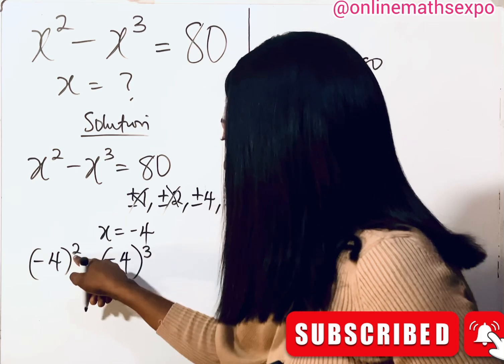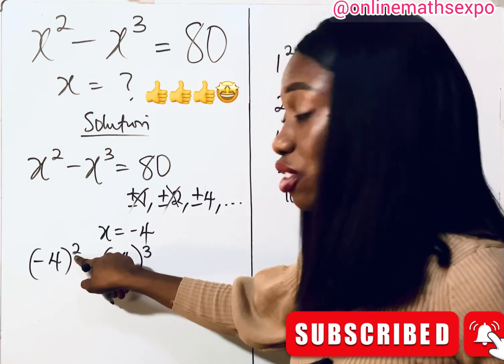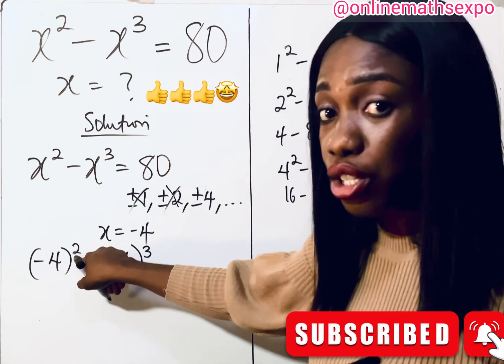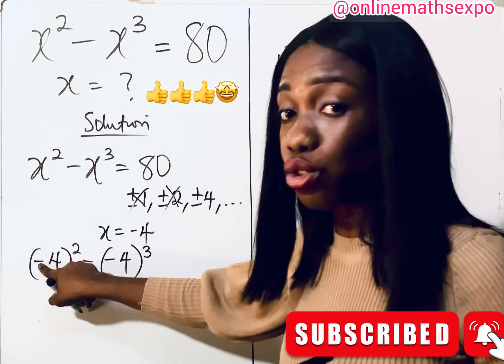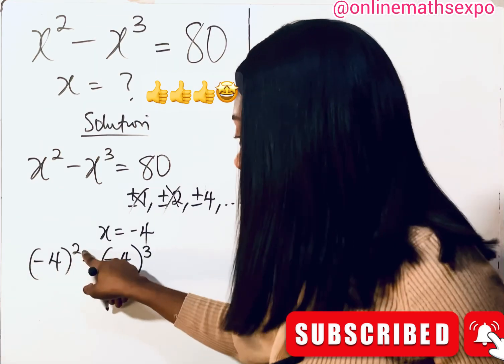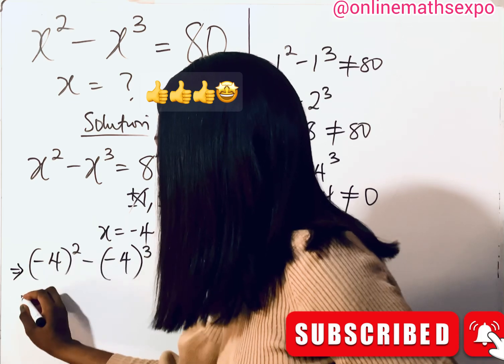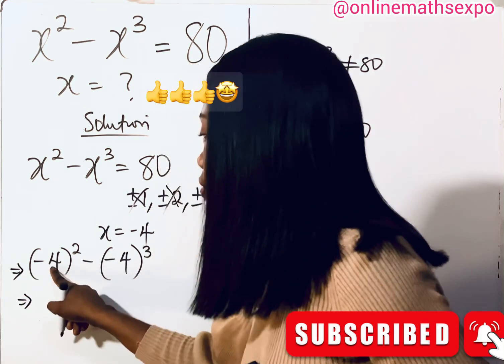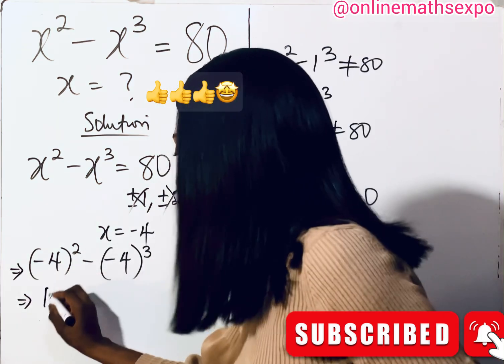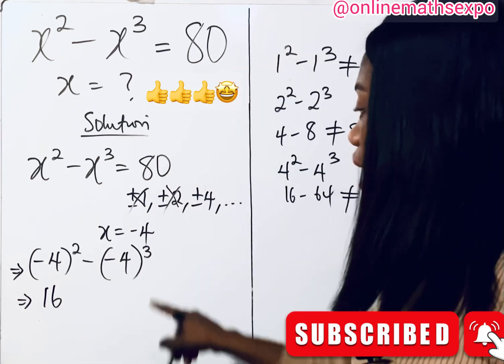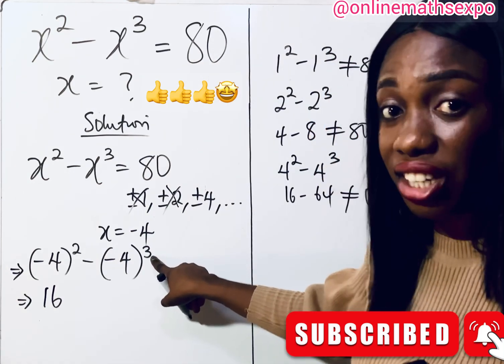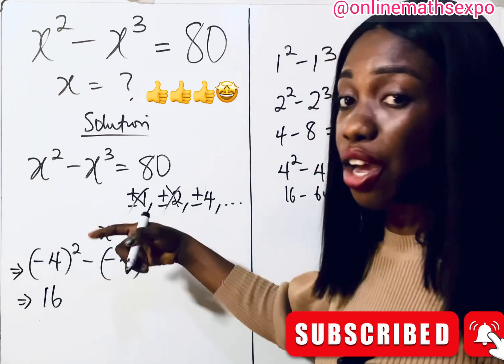Whenever you have a negative number and the power is even, always know that the sign will turn to positive. So this squared will now become positive. We're going to have positive, then 4 squared is 4 times 4 to give us 16. Did you see that? And when it is raised to an odd power, 3 is odd, the negative sign returns.